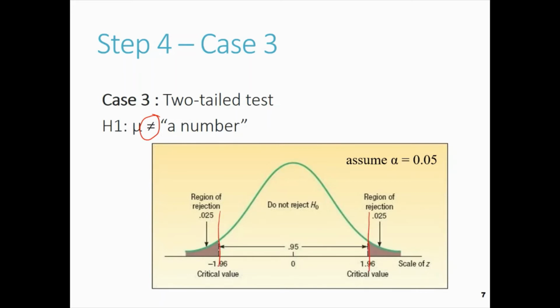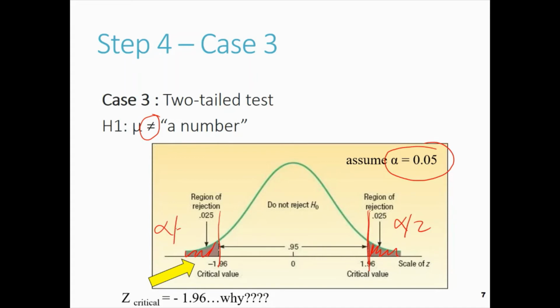Okay, two tails. And when you have two tails, if you are going with the same alpha of 0.05, since you have two tails, then in this case the alpha has to be divided by 2.